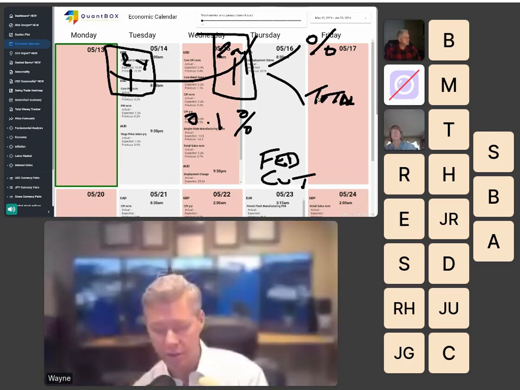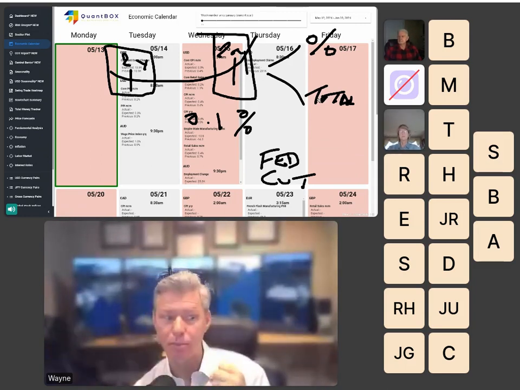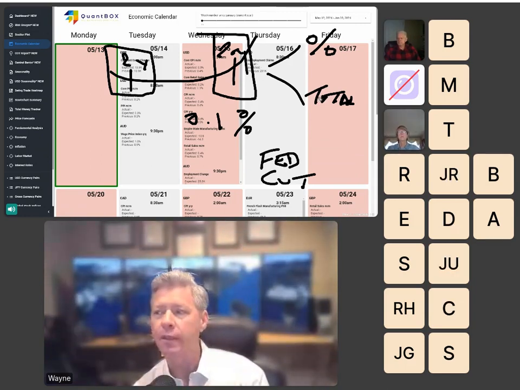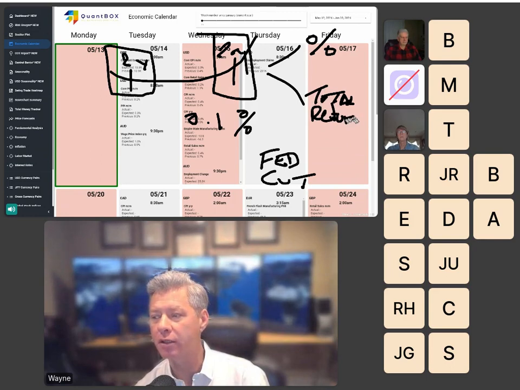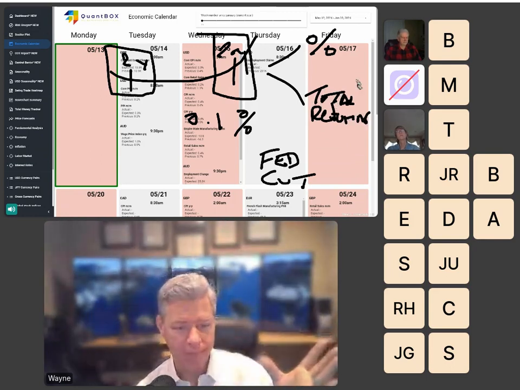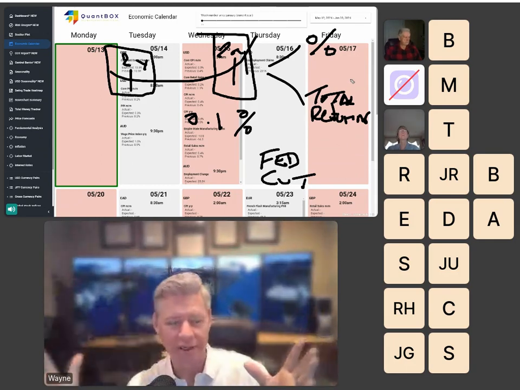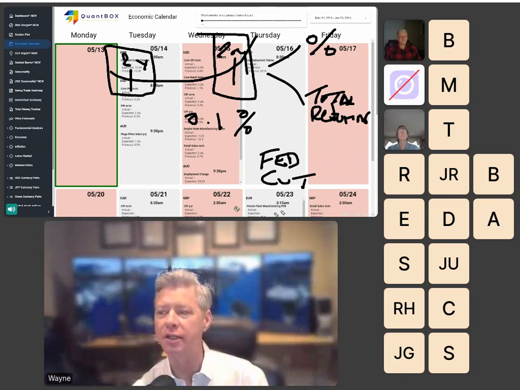Now, if the economy improves, the value of the building goes up, not just the income. So the value of the asset goes up, and we call that a total return. So now the value of the bonds themselves that I own go up, plus I have that income. And so I'm trying to get that.